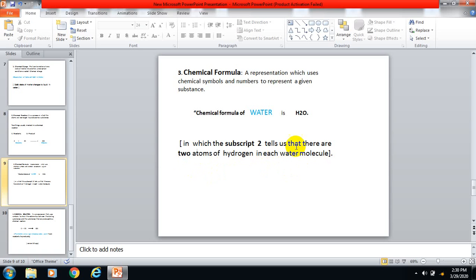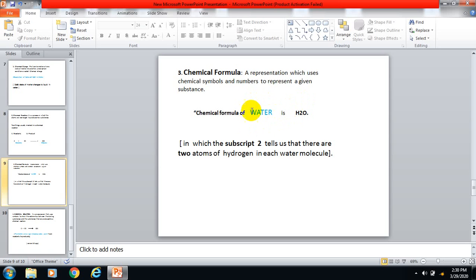Got the idea? In NaCl, the Na is 1 and the Cl, chlorine, is 1 as well. This is a simple formula for water, H2O. We call it a chemical formula.